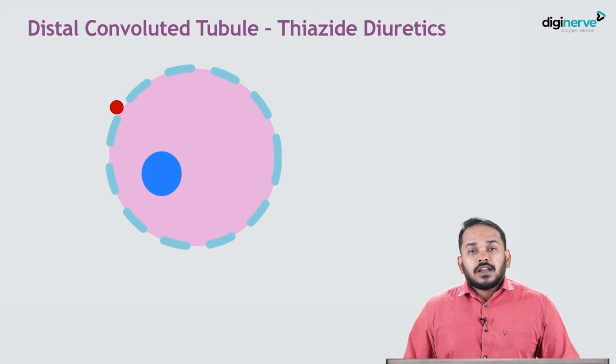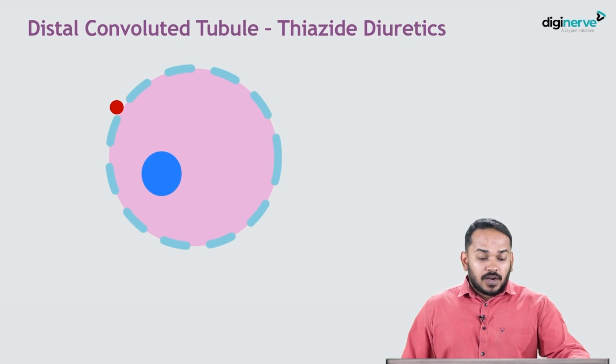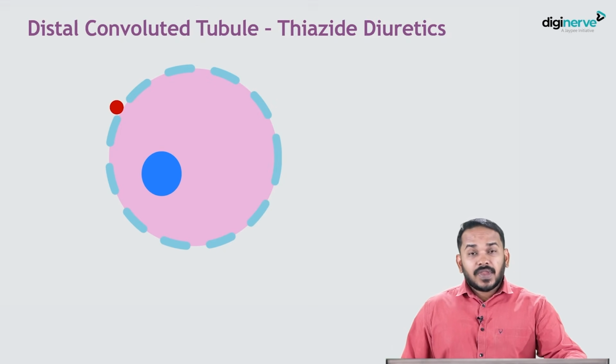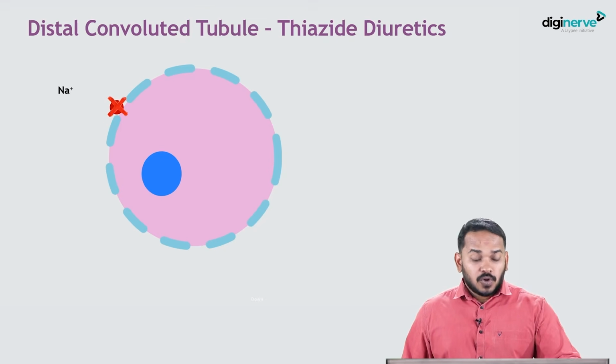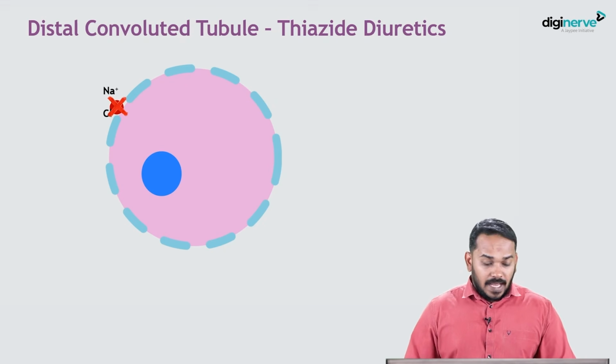So we will see how drugs work on the distal convoluted tubular cells. There is a group of diuretics that work here, known as thiazide diuretics. The thiazide diuretics will inhibit this sodium chloride symport. So there is less reabsorption of sodium and chloride.